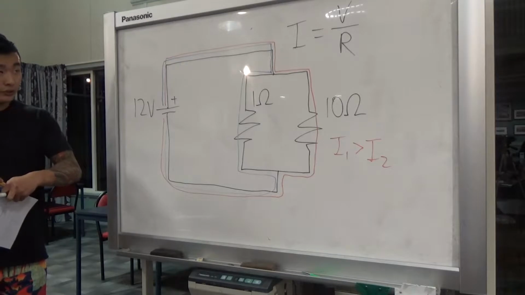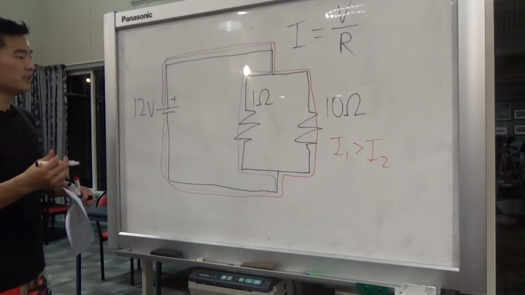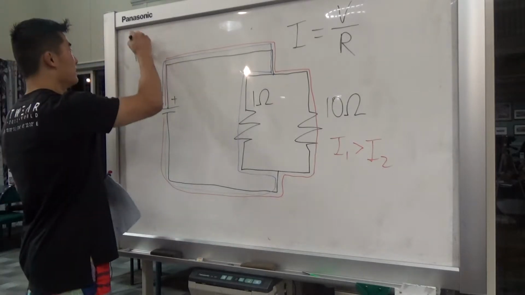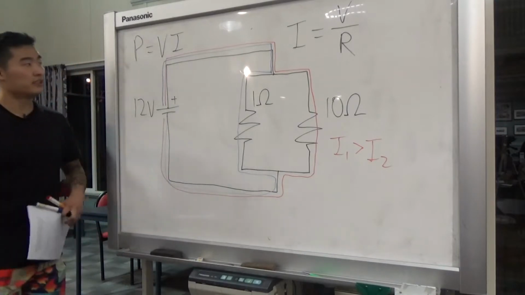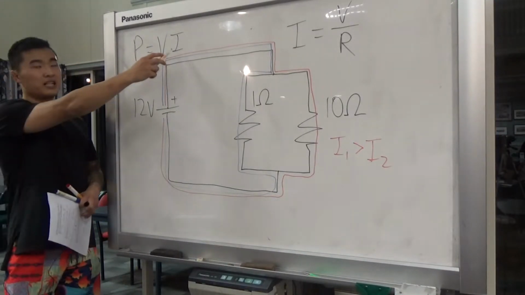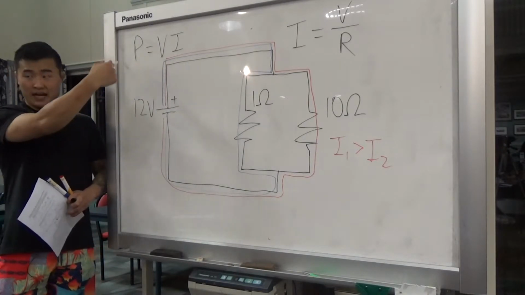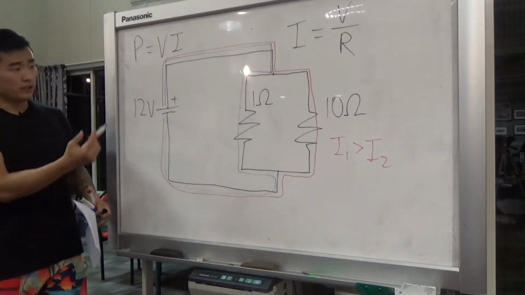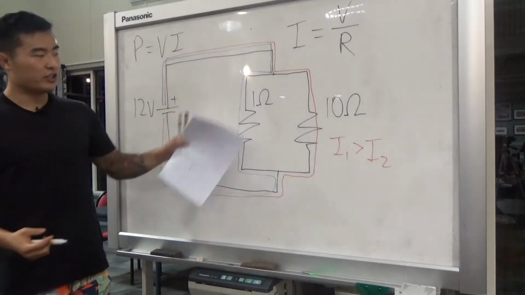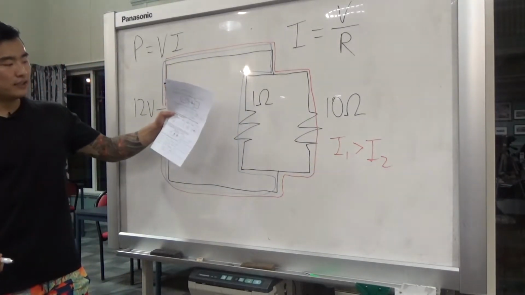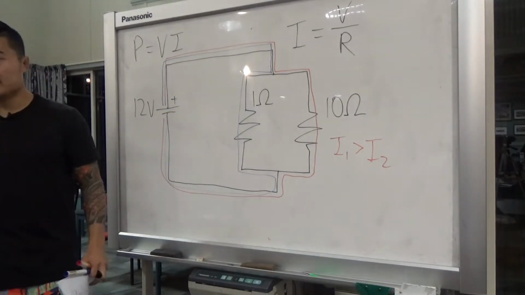Now we need to think about the power. The amount of power that's being generated: power is equal to voltage times the current. So if you have the same voltage and you double the current, you're going to double your power. So here we know that the current going through resistor 1 is going to be 10 times greater.